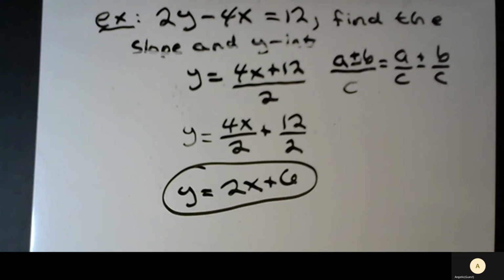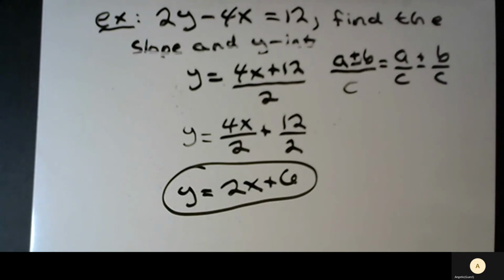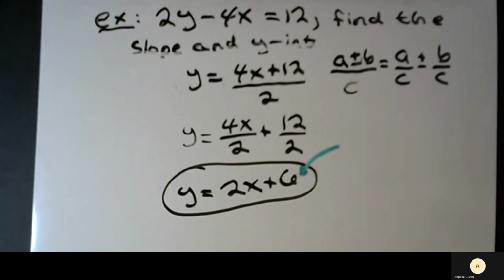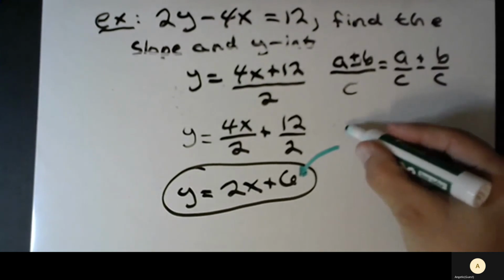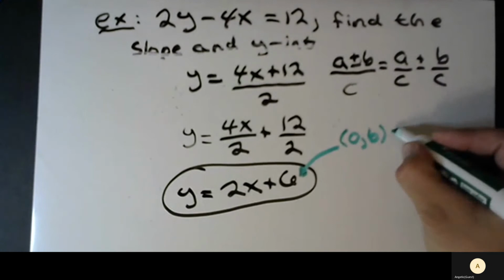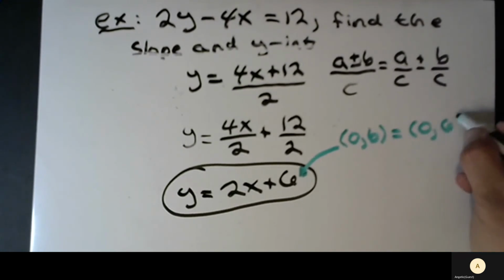So now we have to figure out the slope and the y-intercept. Well, the number here, that's the b in the y-intercept. So b equals 6, which gives the point (0, 6).